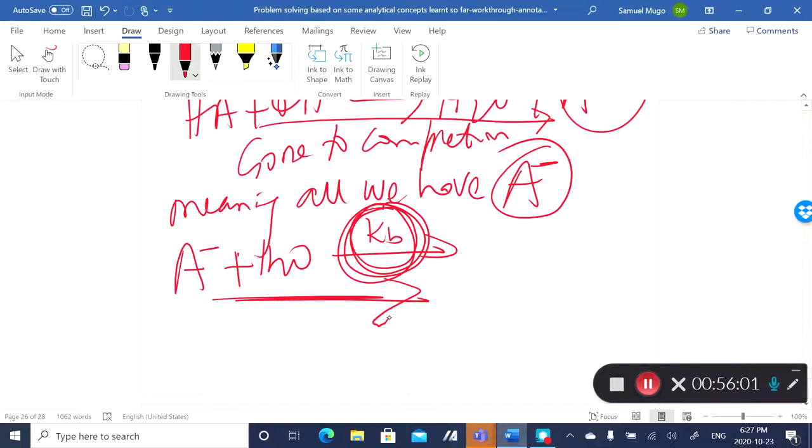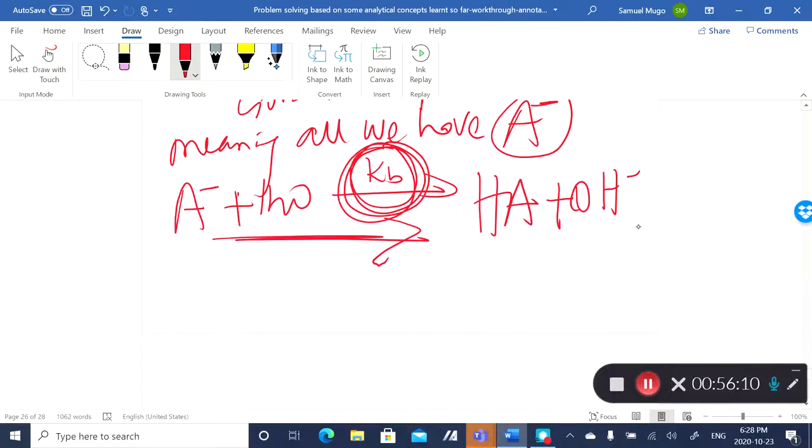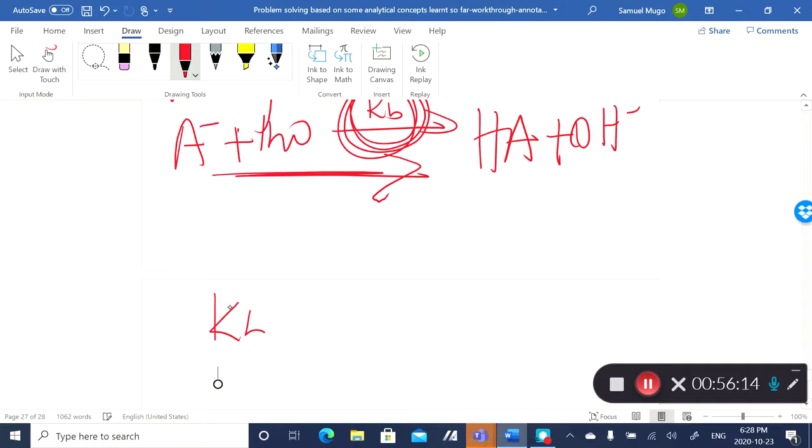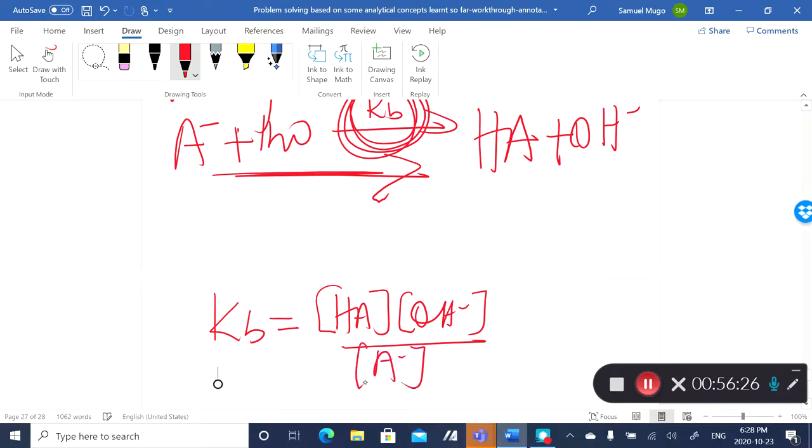You've got the products that are undergoing hydrolysis in this case to give you the HA plus the OH minus. And of course at this point you just need to determine the concentration based on the hydrolysis reaction, which is the products divided by the reactants.